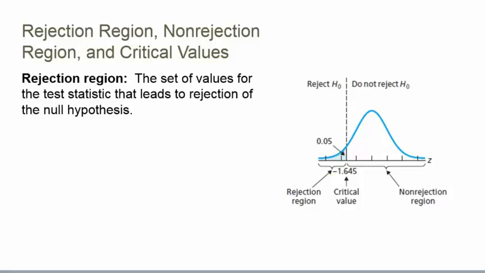If our critical value happens to be negative 1.645, then our rejection region would be all of the values for z that are smaller than negative 1.645, such as negative 2, negative 3.05.